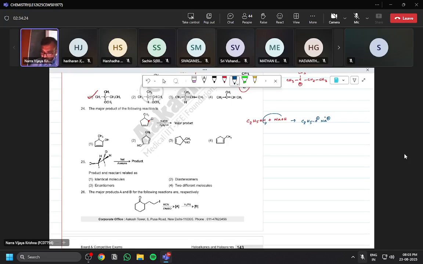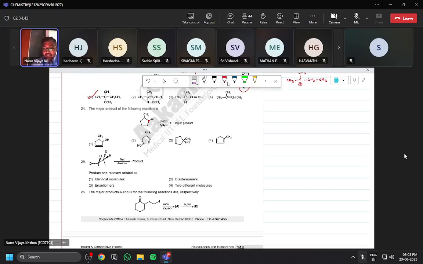No, because NaOH cannot remove H plus from ethanol. Sodium will remove. Ethanol is less acidic than water, right? If it is less acidic than water, how will OH minus pull H plus easily?